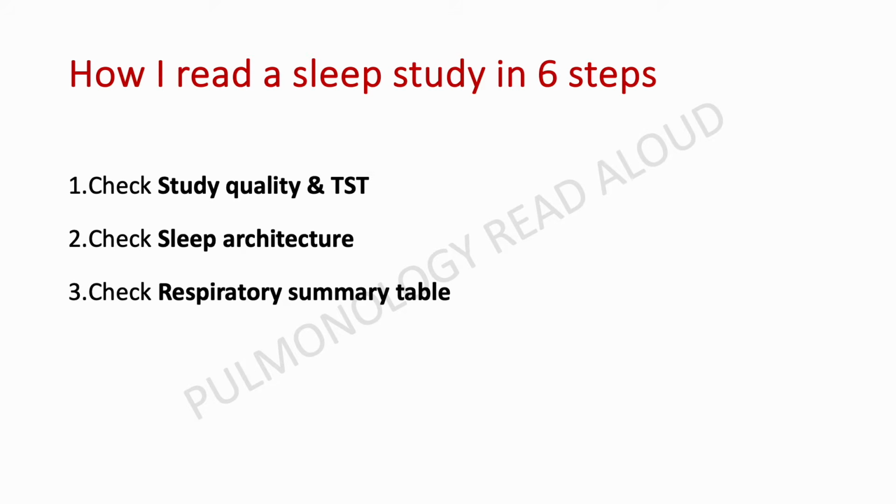The third thing then I would go on is to look at the respiratory summary table. Now, I know that when you start reading the reports, the first thing that you go on is you look at the AHI.